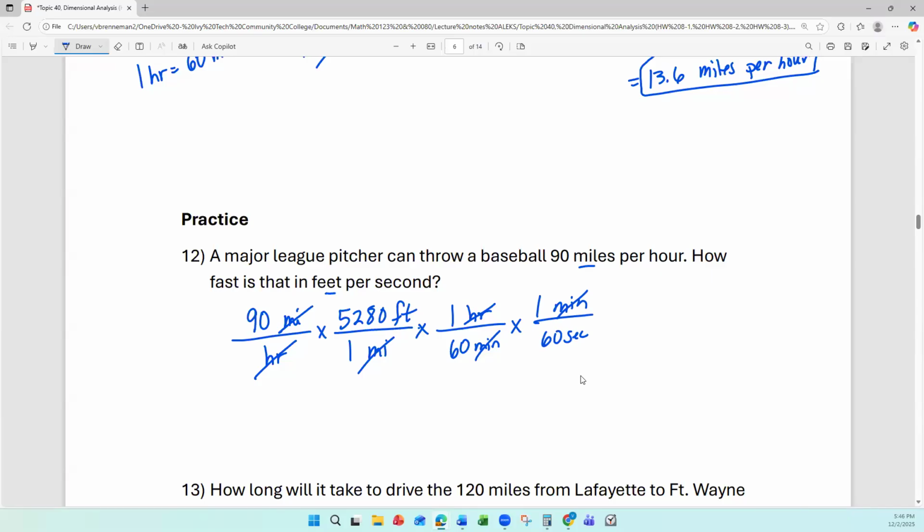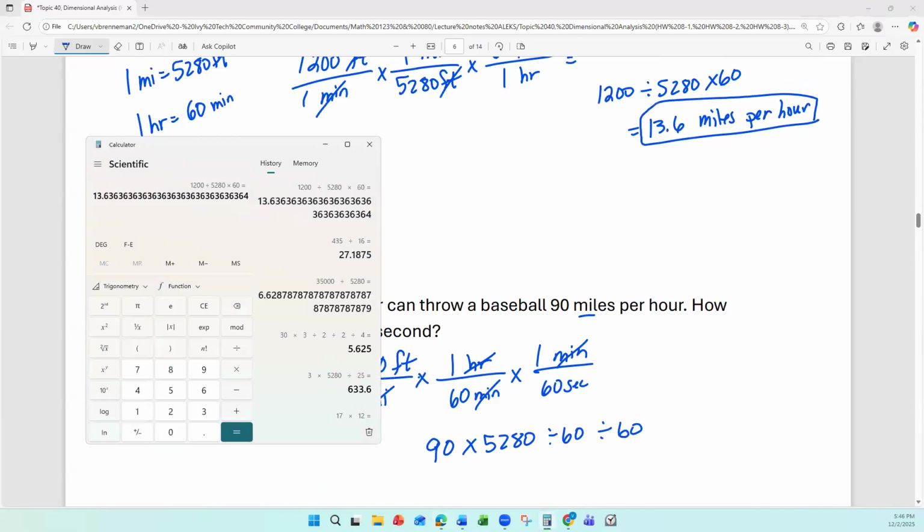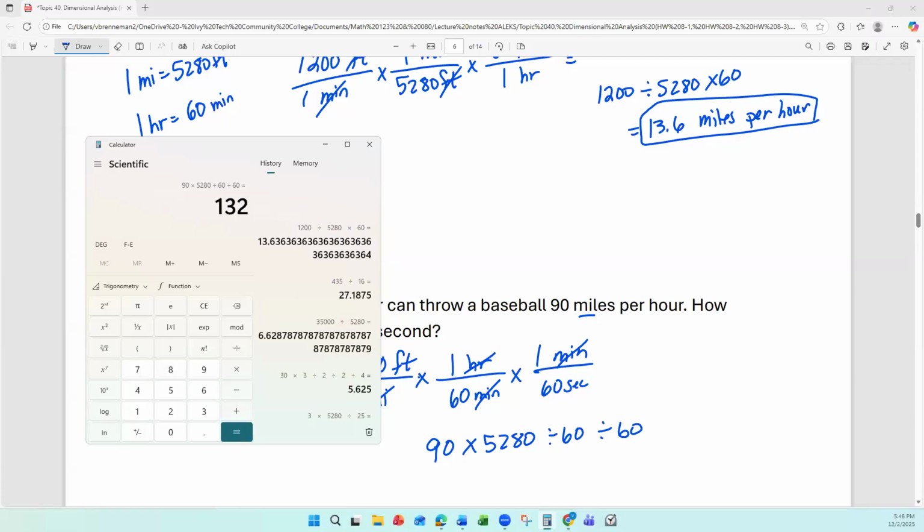But don't memorize that if you don't already know it. You don't need to. This is going to be 90 times 5,280 divided by 60 divided by 60. Second.